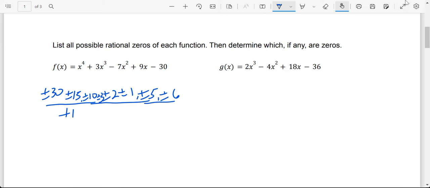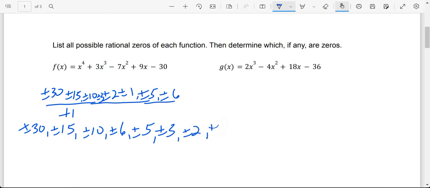Divide all of them by plus or minus 1, and our possible rational zeros are plus or minus 30, plus or minus 15, plus or minus 10, plus or minus 6, plus or minus 5, plus or minus 3, plus or minus 2, plus or minus 1. Now what you're going to do, we have how many? 2, 4, 6, 8, 10, 12, 14, 16.